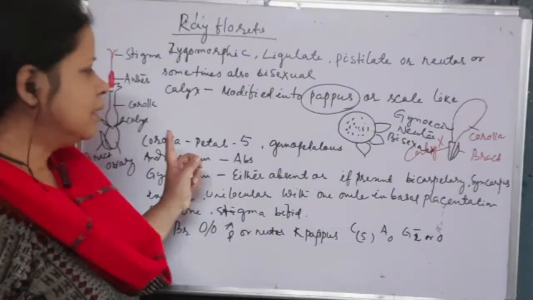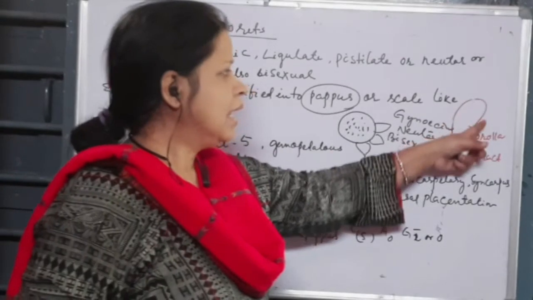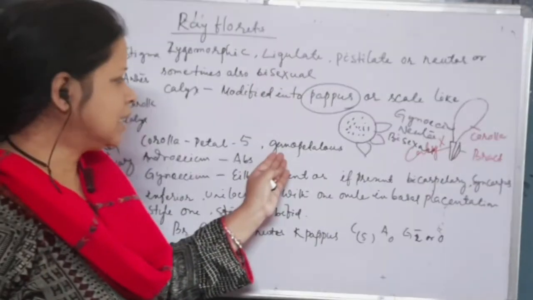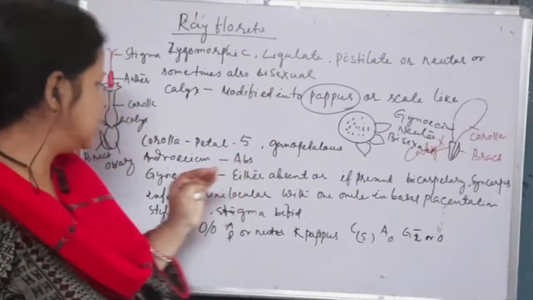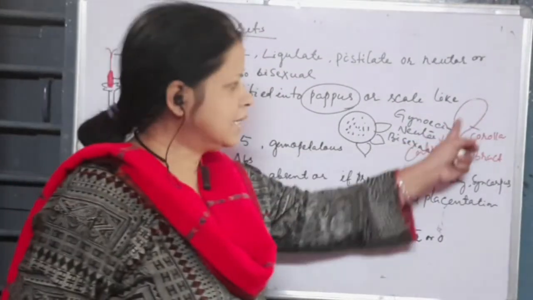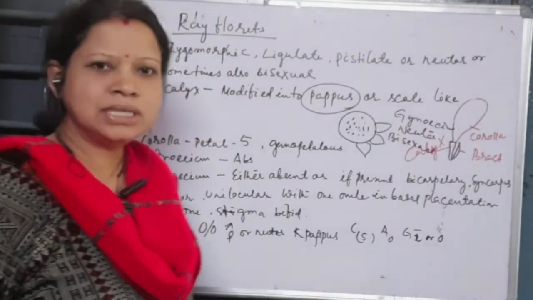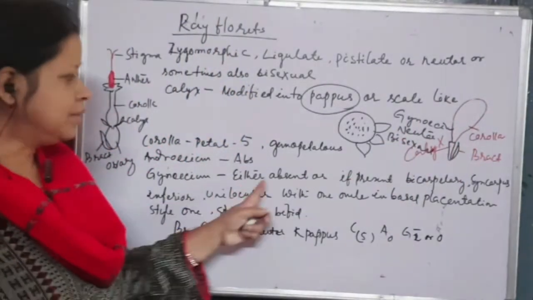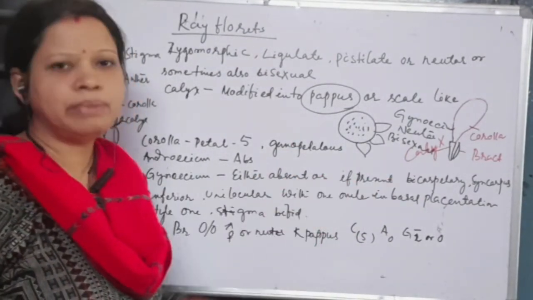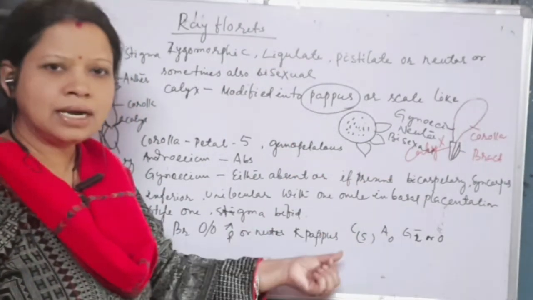Then the corolla: number of petals 5 and gamopetalous. All the petals are fused. Gamopetalous means petals fused together. Androecium is absent because it is a pistillate flower. Only the gynoecium is present. Either the gynoecium is absent, or if present it is bicarpellary and syncarpous.